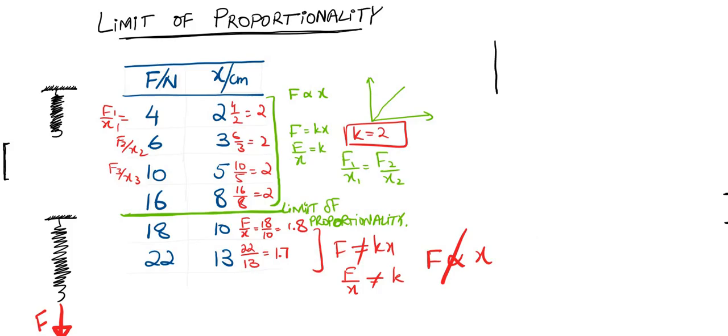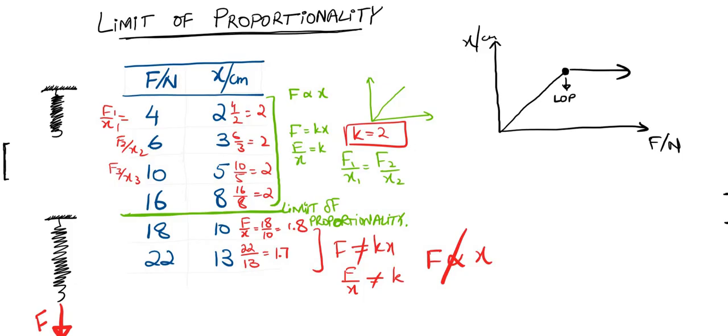ग्राफ में क्या होगा? Let's say we have a graph, extension in centimeters against force in newtons, और ये स्ट्रेट लाइन था जब तक लिमिट ऑफ प्रोपोर्शनैलिटी रीच नहीं हुई थी. Let's say this point is the limit of proportionality of spring. इससे ज़्यादा फोर्स लगाएंगे तो force will no longer be proportional to the extension, और इसमें extension ज़्यादा हो जाएगी.